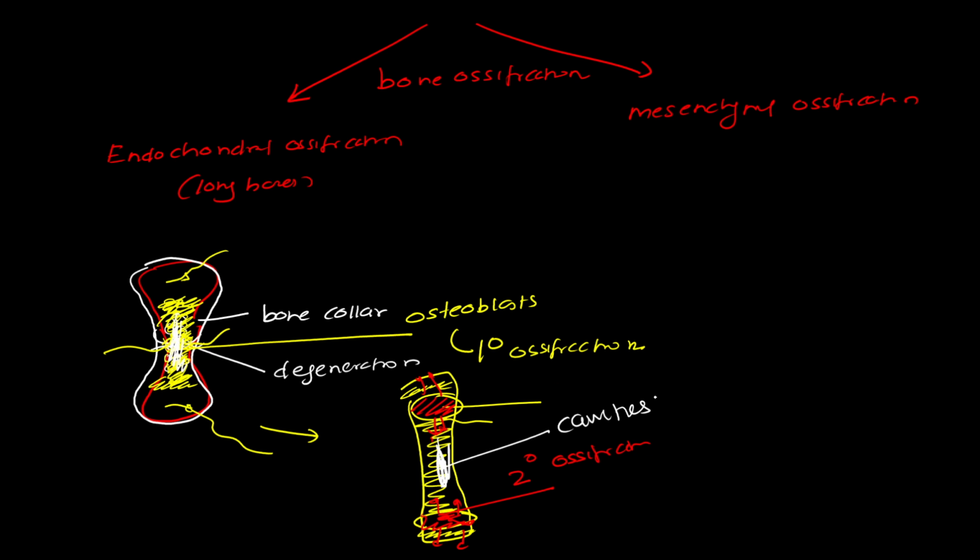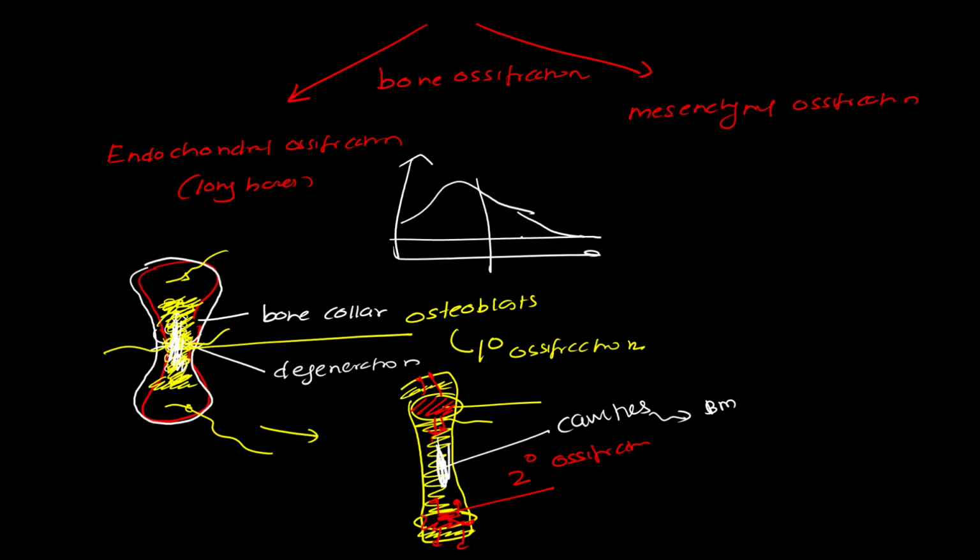This cavity is usually occupied by bone marrow. Initially by red bone marrow, but later by yellow bone marrow because it becomes infiltrated with fat. That's why long bones will produce red cells in the initial stage of life, but the production of red cells becomes lesser and lesser once you age.